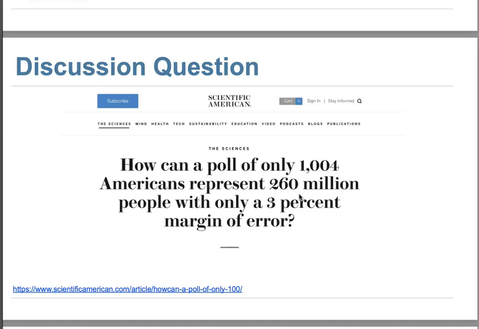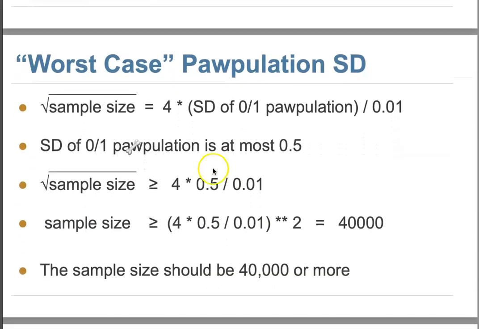This is a good example because in a poll people either vote or do not vote, so we only have two outcomes. That is a 0-1 population example, so it fits into our inequality here.